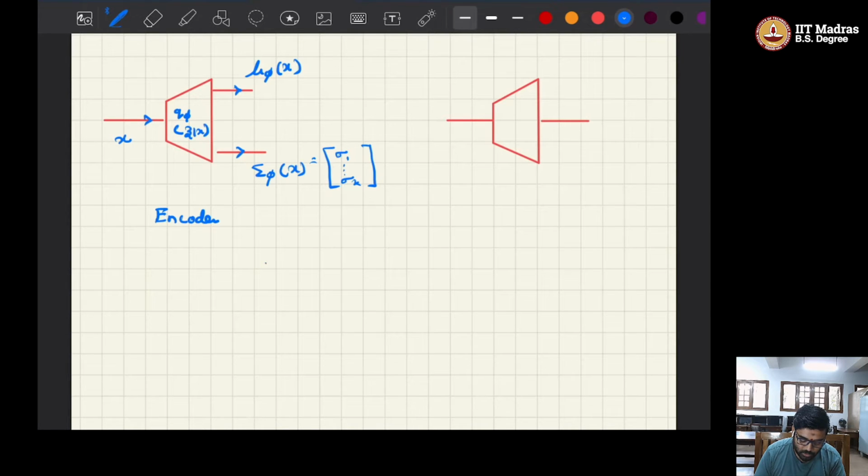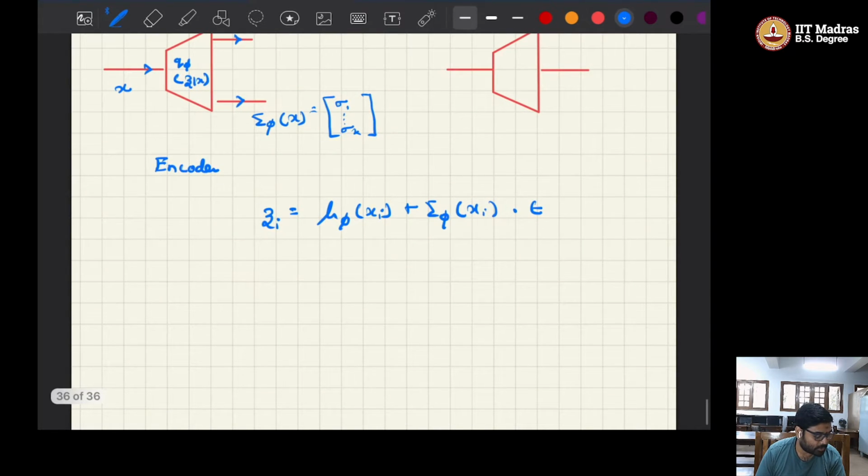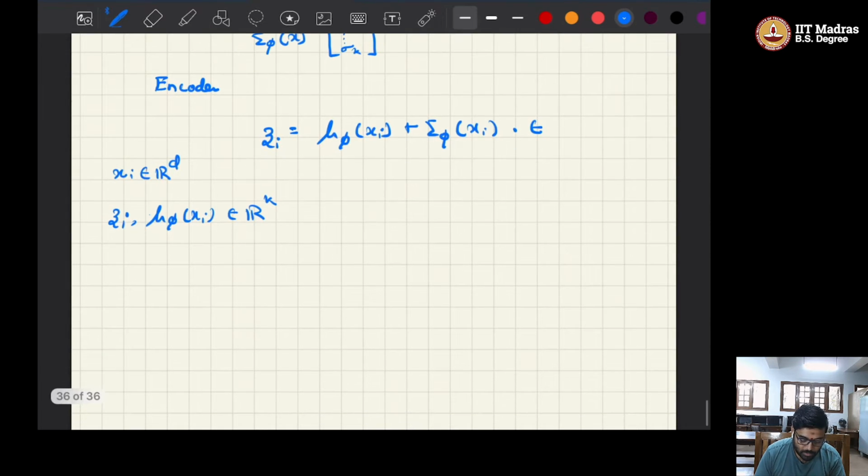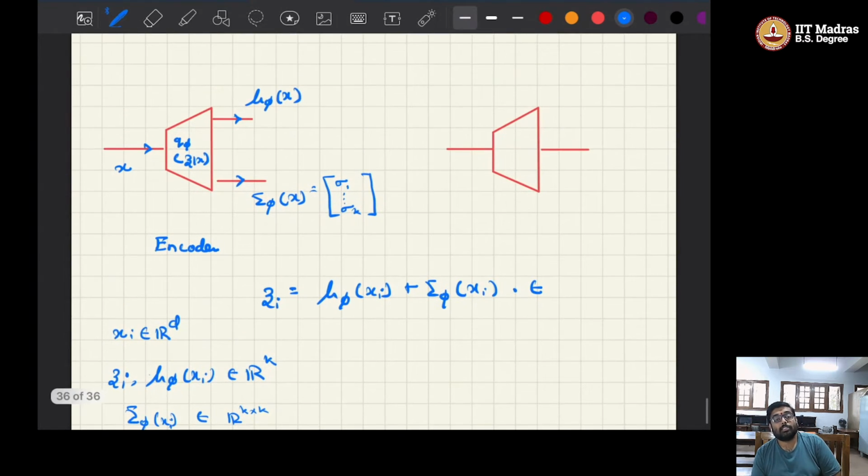Then, because of reparameterization, z_i is the mean plus the Hadamard product of the standard deviation with a sample from the standard normal distribution. Here x_i is in R^d, z_i and the mean are both in R^k, and sigma is in R^(k cross k), but you only get the diagonal elements as an output from the encoder.